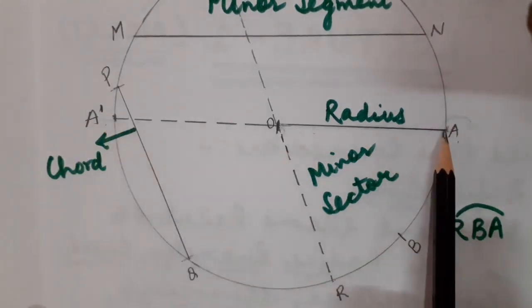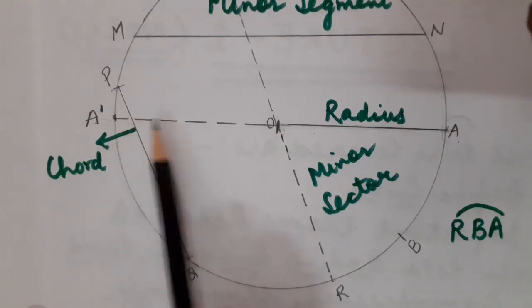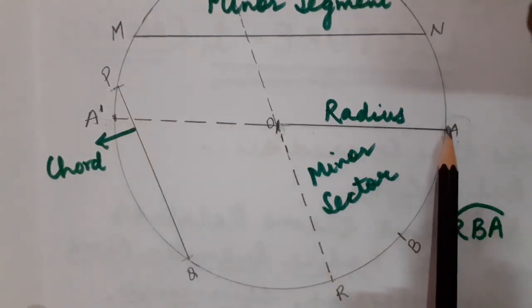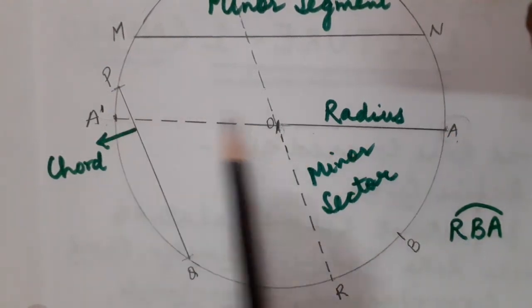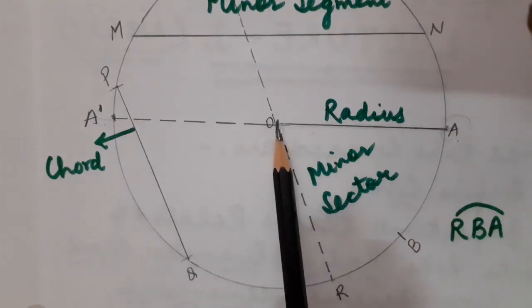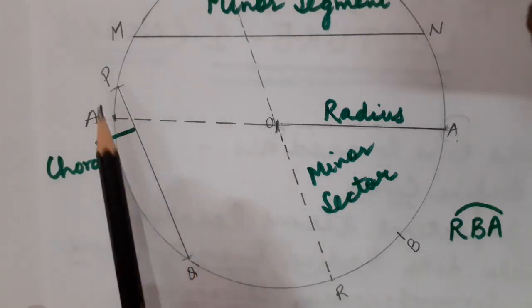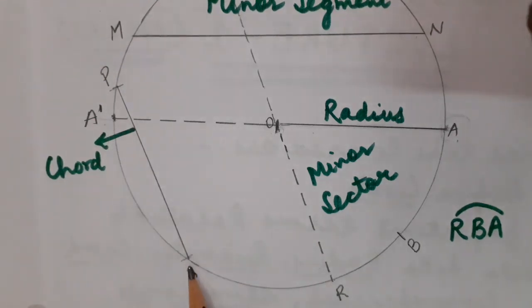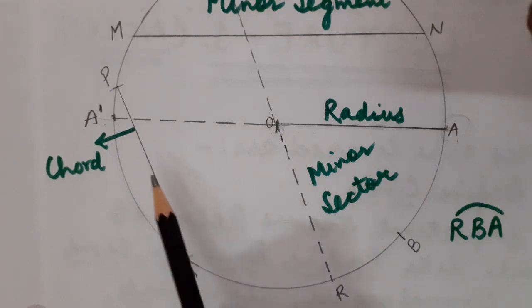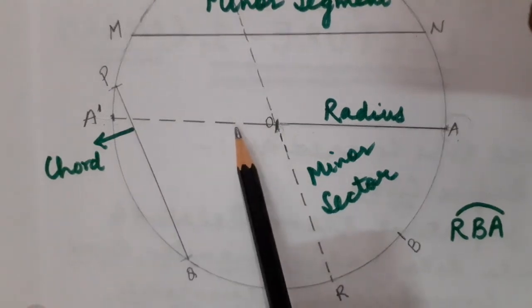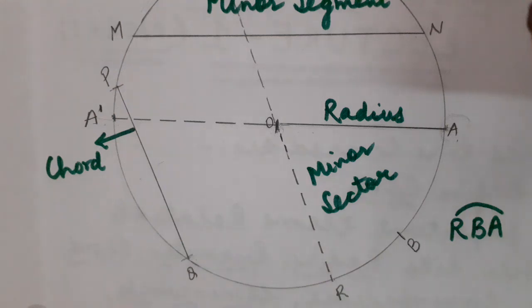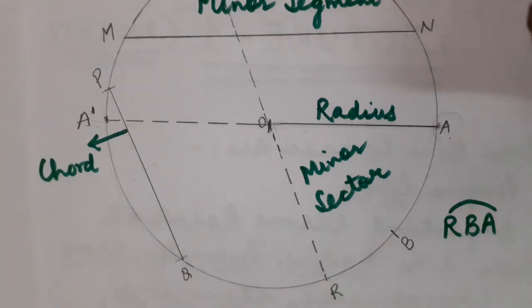In the same manner, the end points of the line segment which is a diameter also lie on the circumference of the circle, but it passes through the center also. Fine. But a chord does not pass through the center, though both its end points lie on the circumference of the circle. Correct, children? So you can say that this is basically the difference between a diameter and a chord: a chord does not pass through the center, but a diameter passes through the center.